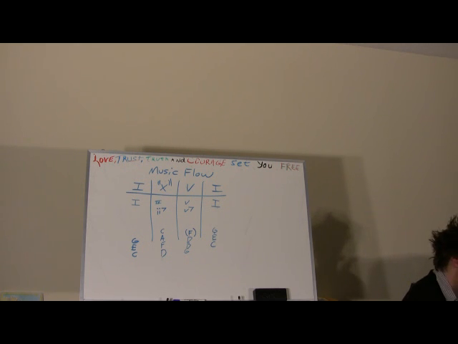Then I go to... And then I can go to the G. And then... But notice how this goes quite well. If I do this... The 2-7 to the 5 to the 1.